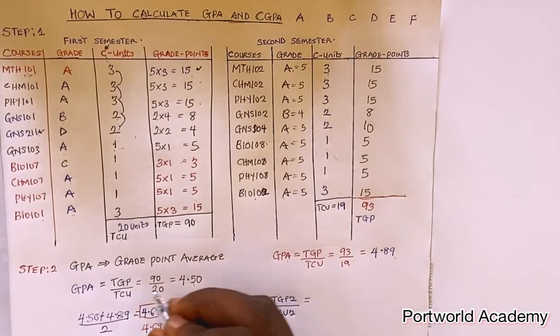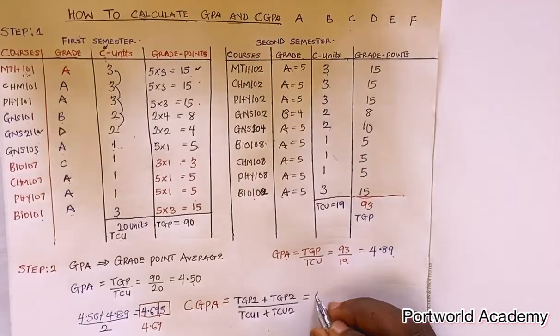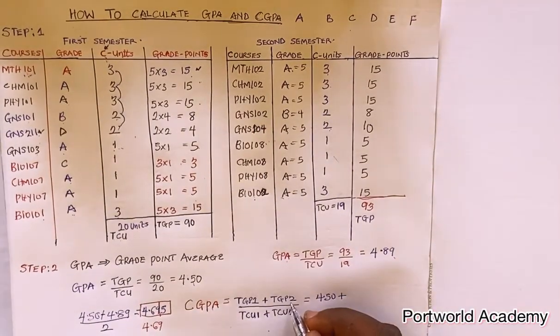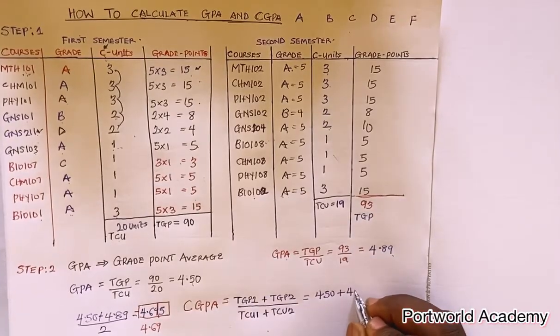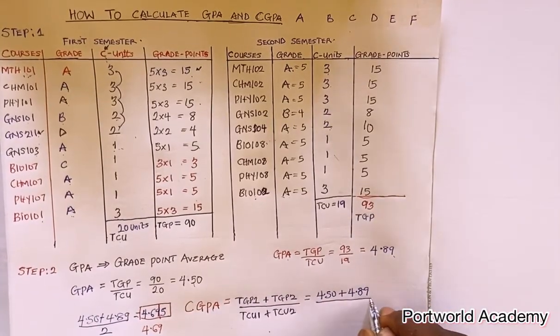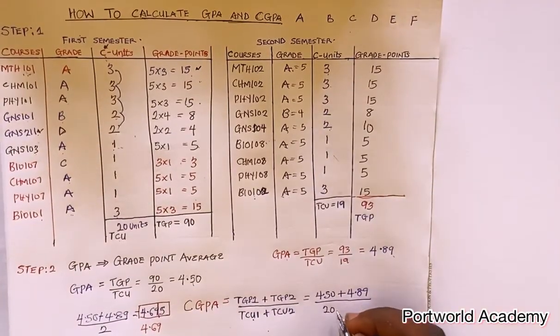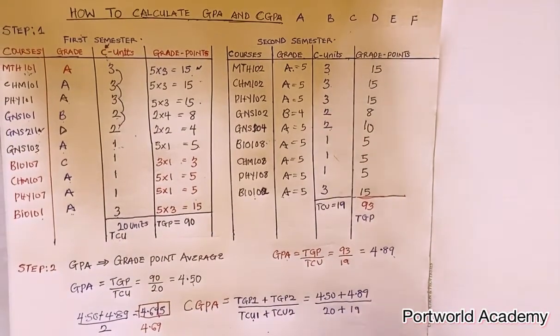Total grade point 1 is 4.50, plus total grade point 2, which is 4.89, divided by total credit units 1, which is 20, plus 19.